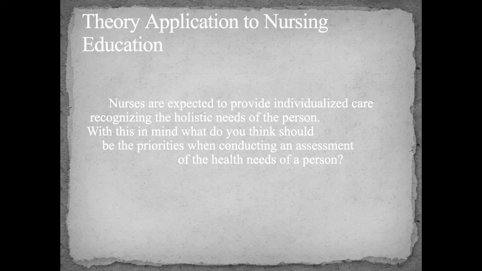So that is the case study in essence. With this in mind, what do you think should be the priorities when conducting a physical assessment of the health needs of a person or their patient? So I'm asking them to really think about their patient in live form. What out of the hierarchy of needs needs to be considered first and foremost when caring for this patient?